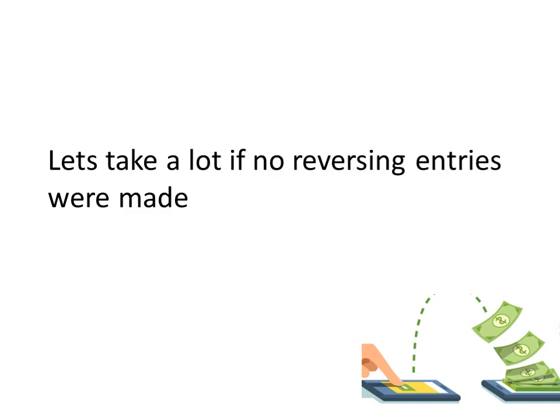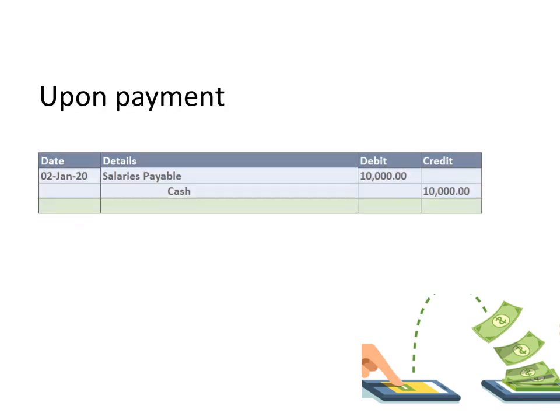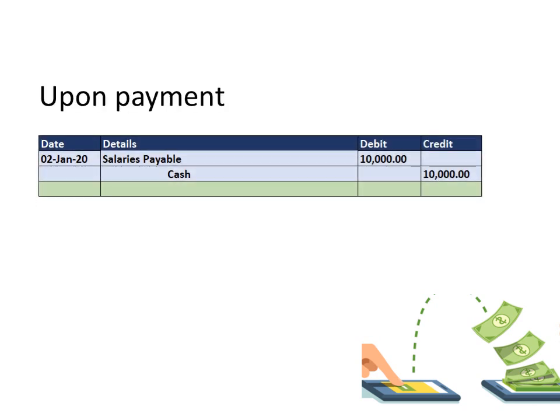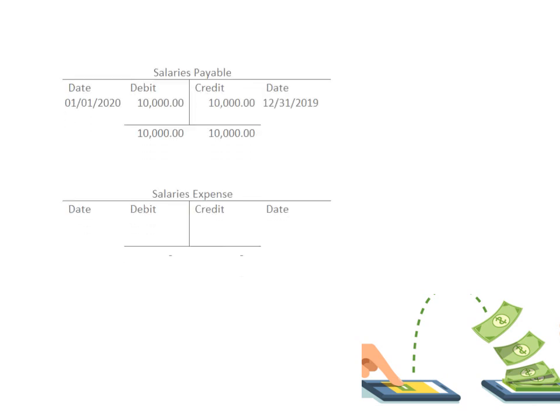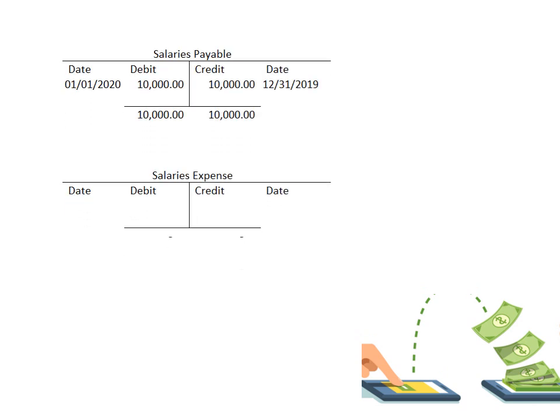Now, let's take a look at what happens if no reversing entry is made, because we said that reversing entry is only optional. Upon payment, the entry now would be debit salaries payable 10,000 and then credit cash 10,000, because we don't do the reversing entry. So there is still no balance for salaries expense.